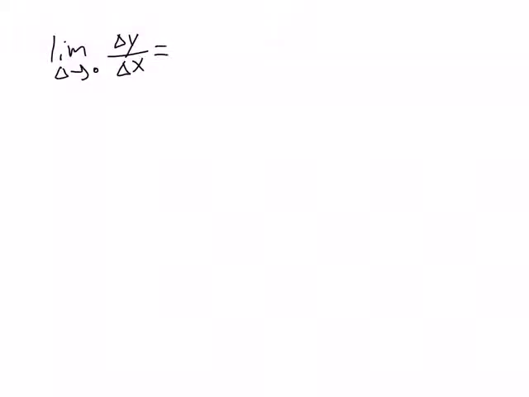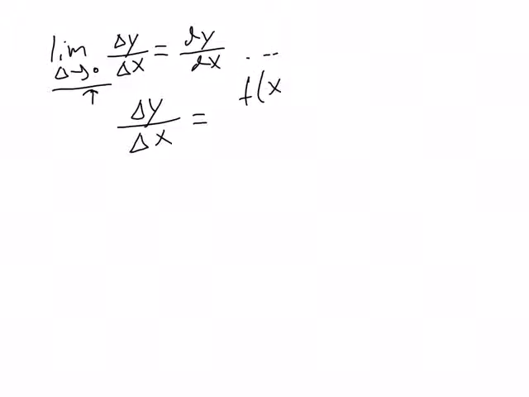Let's just call this dy over dx. And what is this? So we know that delta y over delta x is equal, and we want the change between y and x to go to 0. So this is just going to be f of x2 minus f of x1 over x2 minus x1.